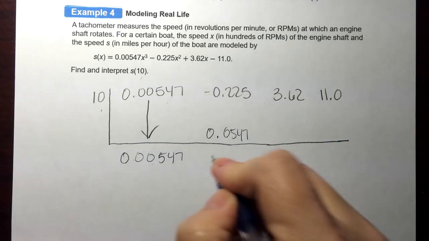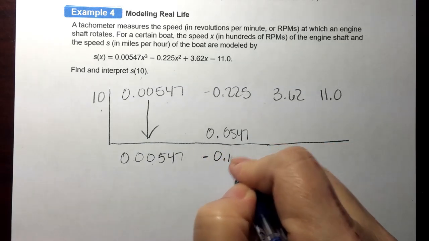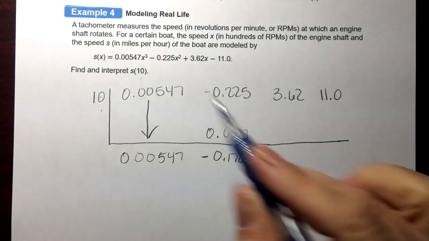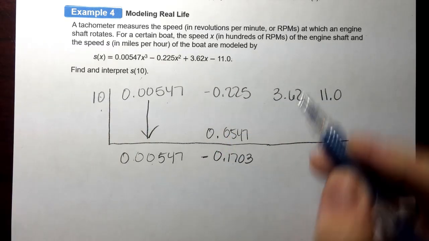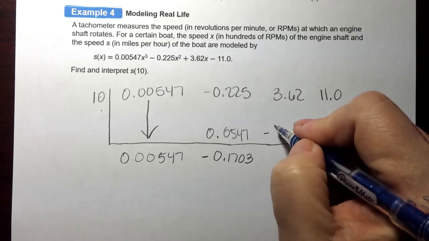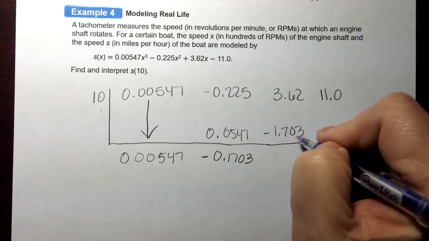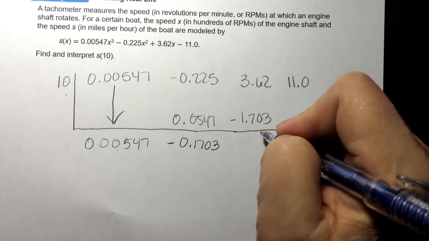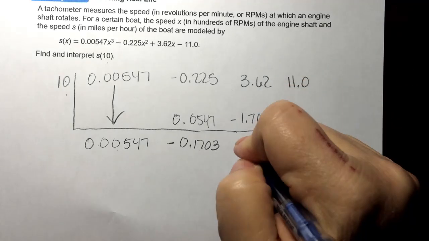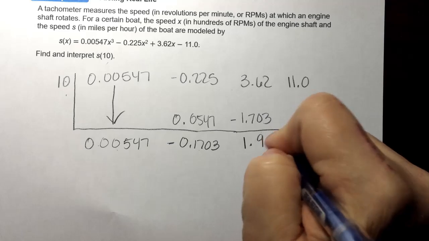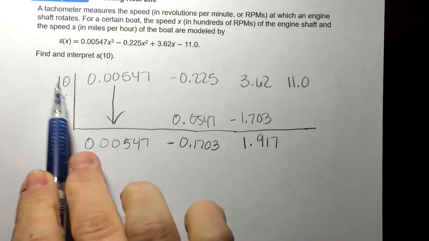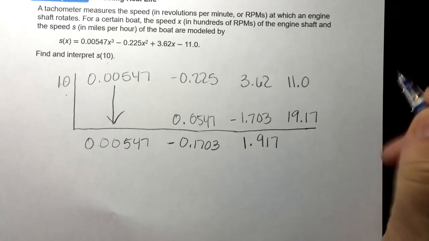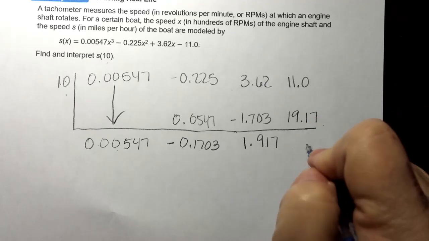If we add down, we get negative 0.1703. And then repeat the process. 10 times this gives us negative 1.703. Then if we add this down, we get 1.917. And then again, 10 times this gives us 19.17. Add down, we get 8.